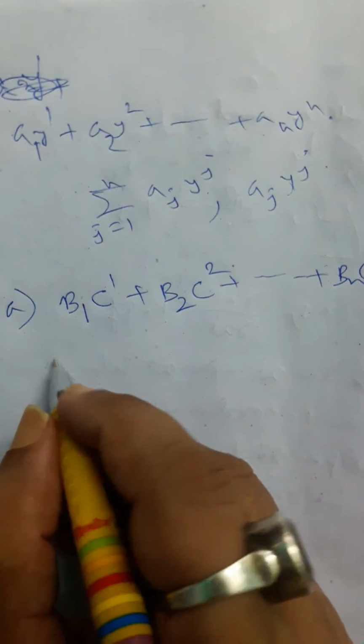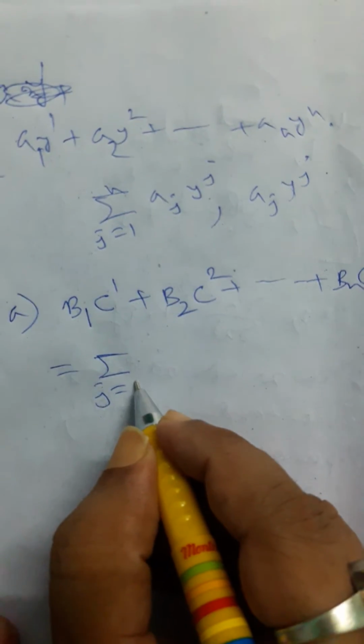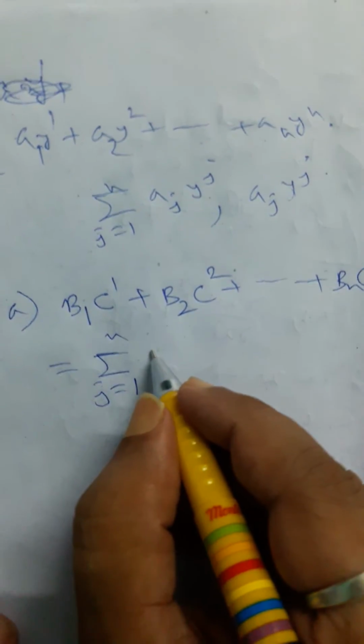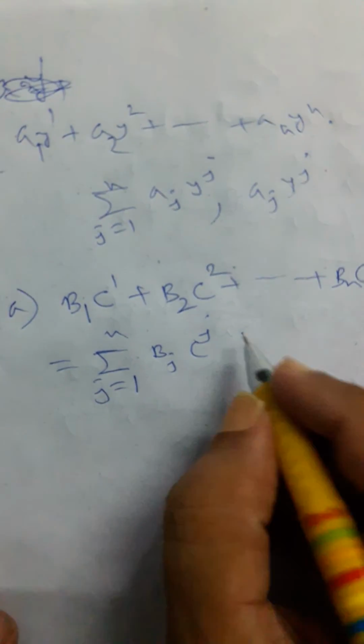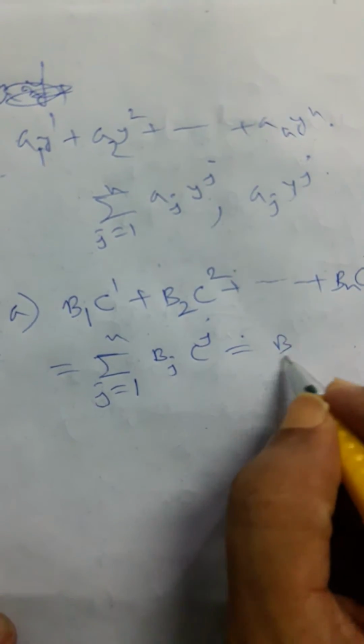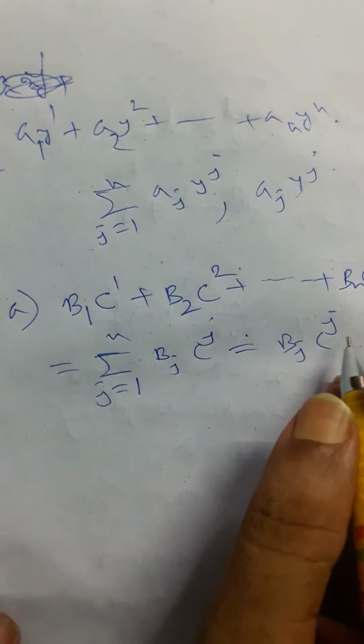How to write this in convention? Simply it will be written as the sum of j equals 1 up to n of bj cj, or by convention simply as bj cj. So it's clear.